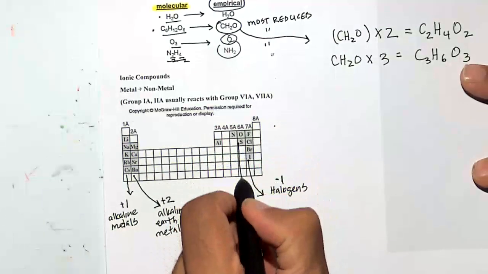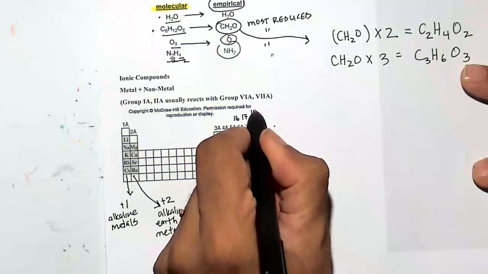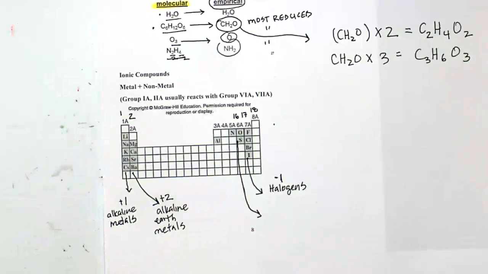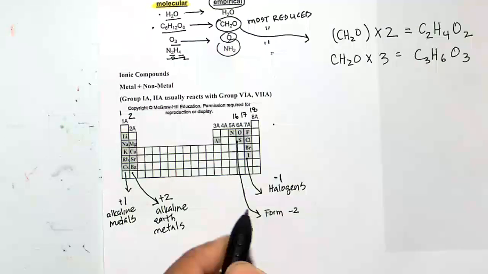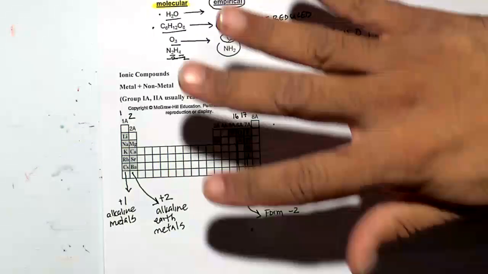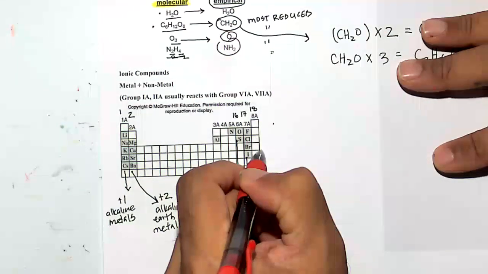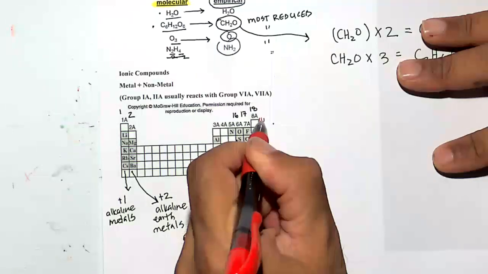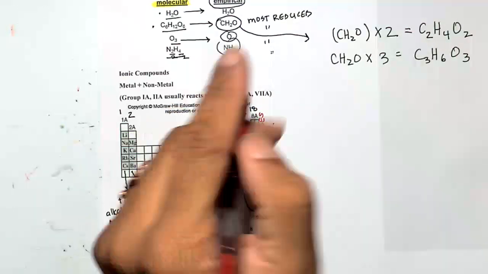And then group 6, 6A, group 16 or 6A. They don't have a name, but what charge would they like to be? -2. Okay, and these are noble gases. So this would be on the exam in terms of like a multiple choice or something. Okay, and we know group 18 are the noble gases.